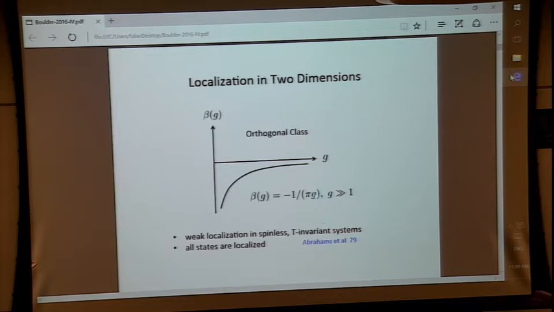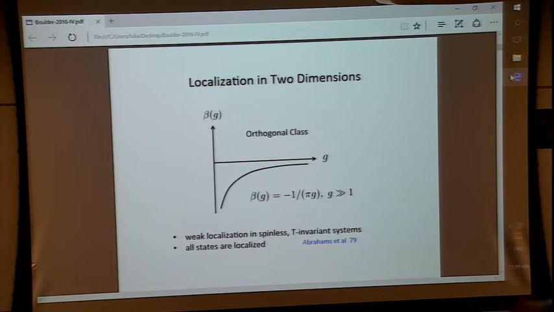Within this symmetry class of a system with no spin orbit coupling, with time reversal symmetry, the weak localization correction is negative. So the beta function asymptotically approaches 0, but from below in the large conductance limit. And in the localized regime, the beta function is strongly negative.